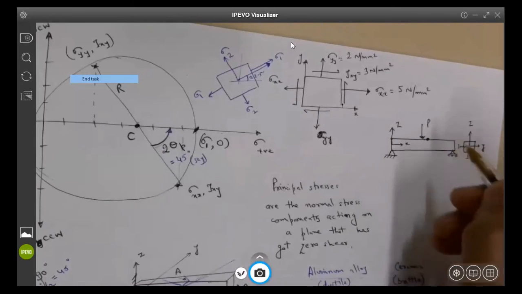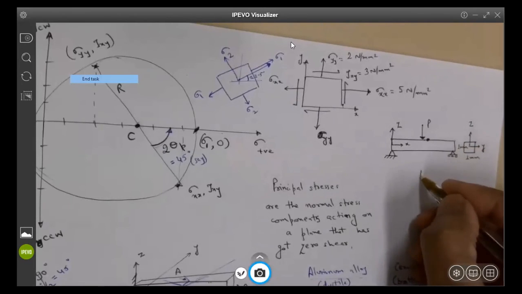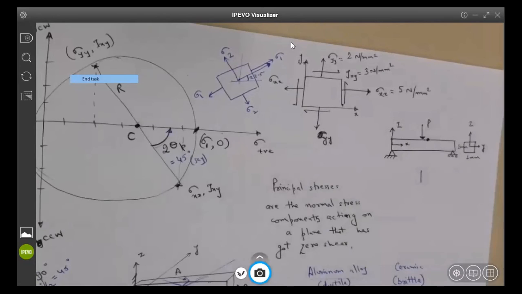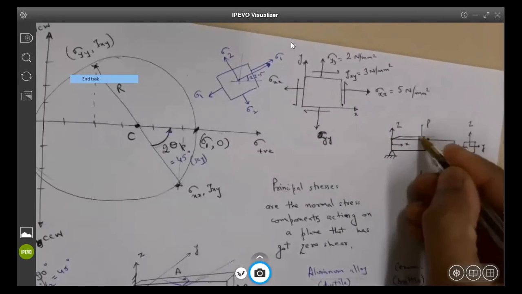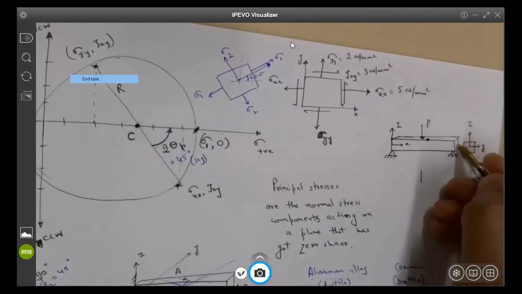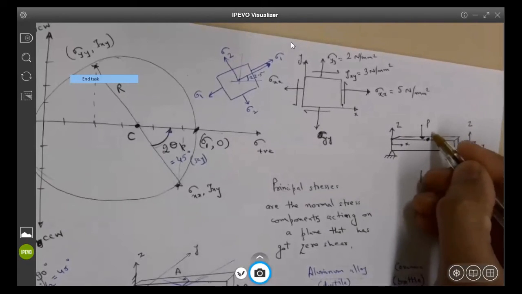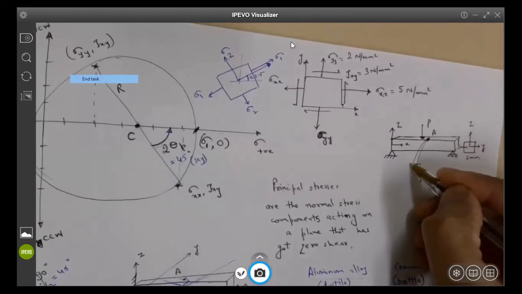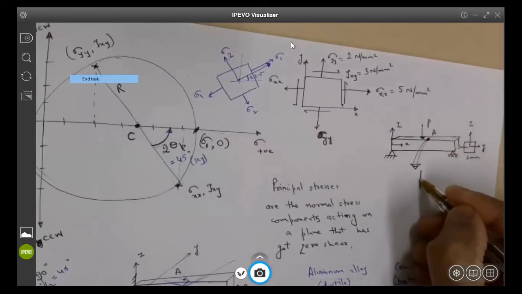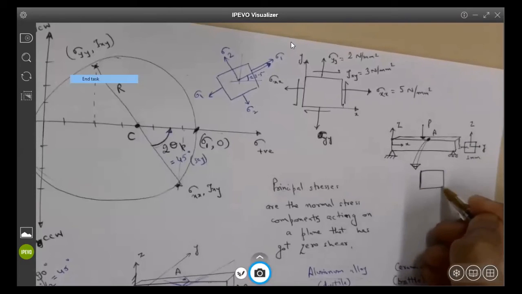If I have to represent the stress element at that point, let me actually make a 3D representation as well. So this point A is on the top surface. I am representing the stresses at that point by this plane.